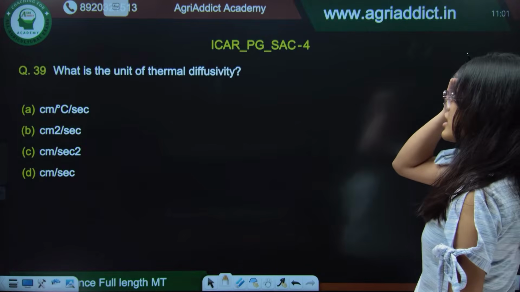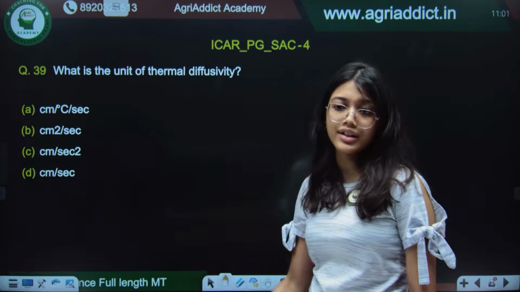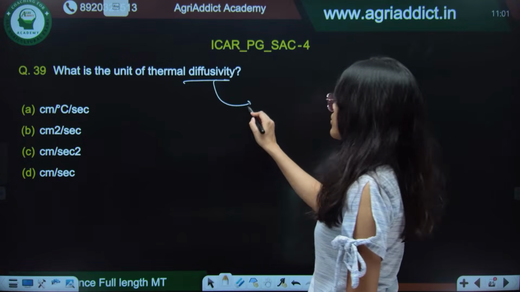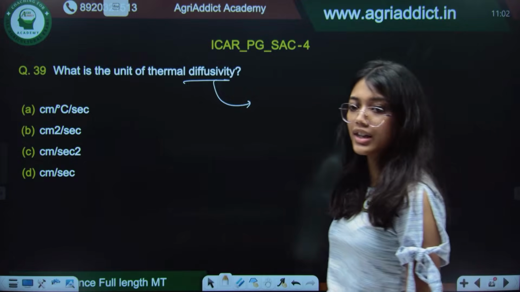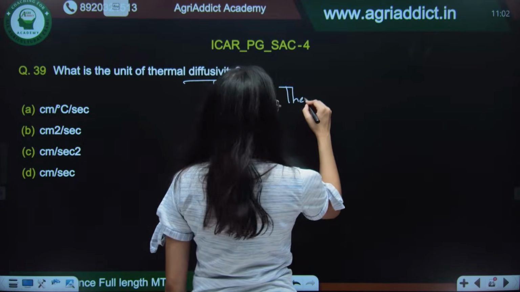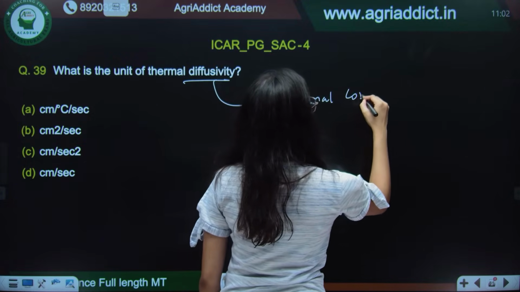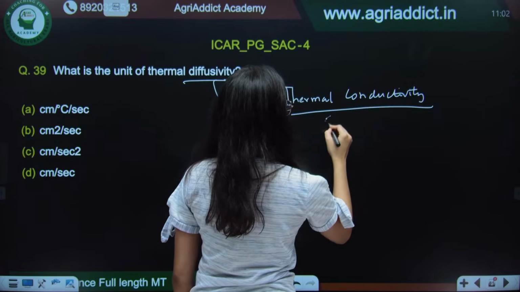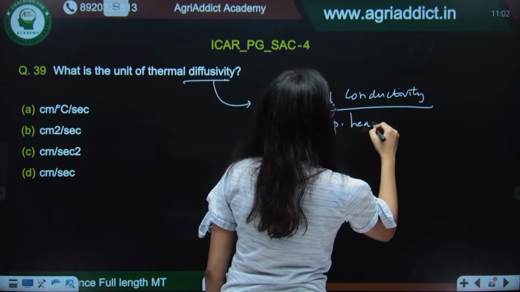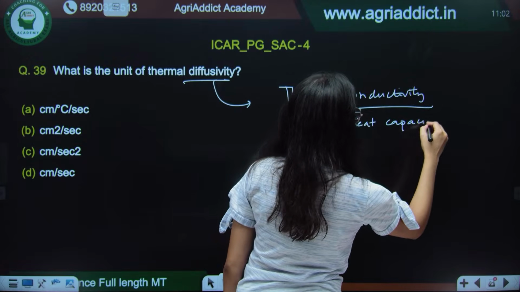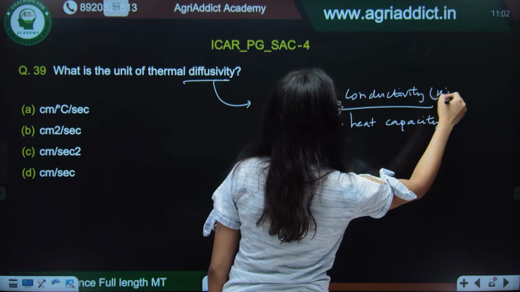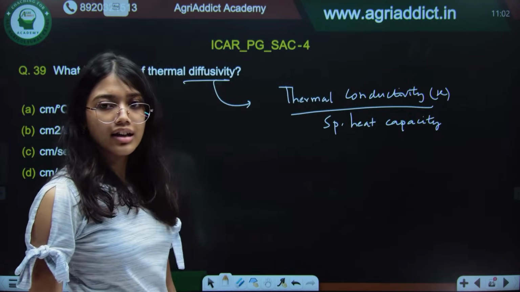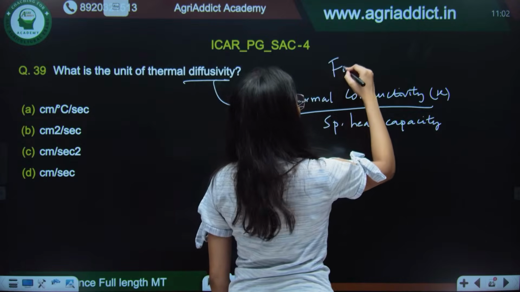Next, what is the unit of thermal diffusivity? So, first we have to learn what is the formula of thermal diffusivity. Thermal diffusivity is thermal conductivity divided by specific heat capacity, right? So, we can easily denote the thermal conductivity to be K from Fourier's equation.